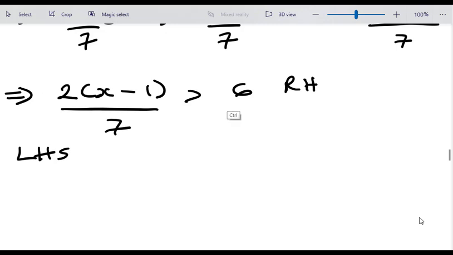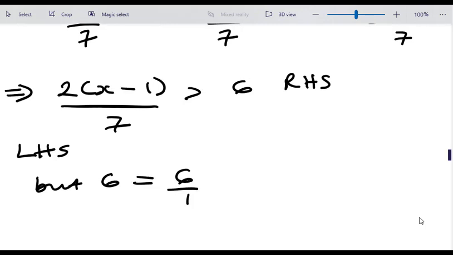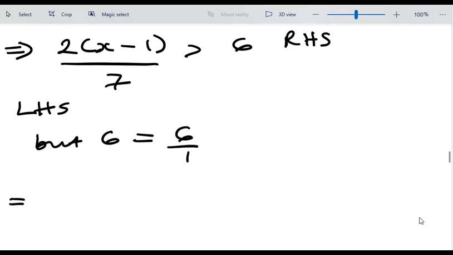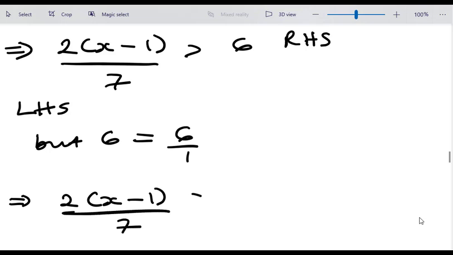It will be in our best interest to also ensure that the right-hand side contains a fractional part. By so doing, it implies that 2 in bracket x minus 1 over 7 will then be greater than, in place of this, we use this to replace it, we have 6 over 1.